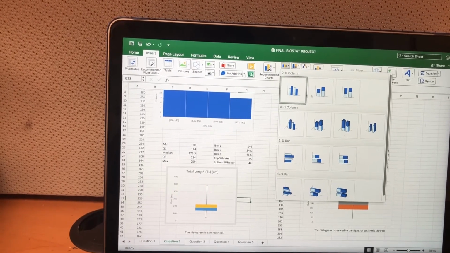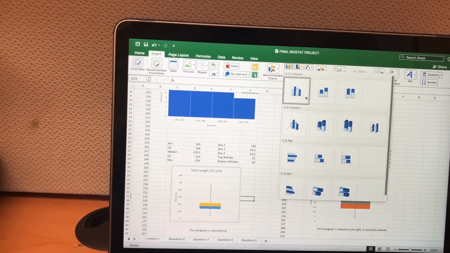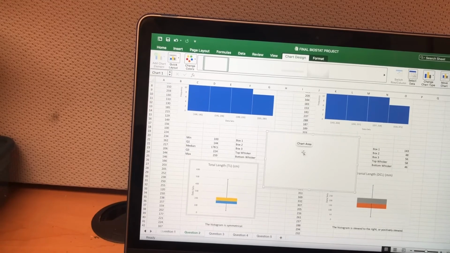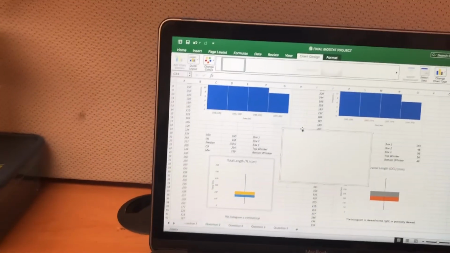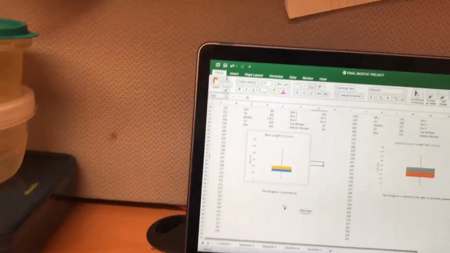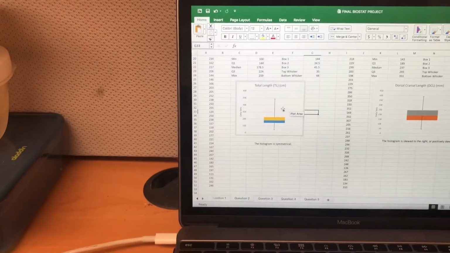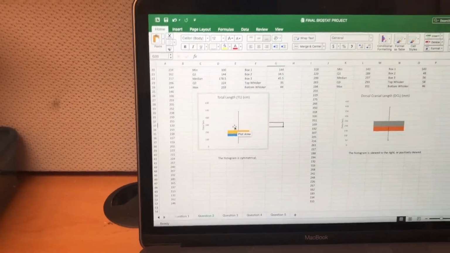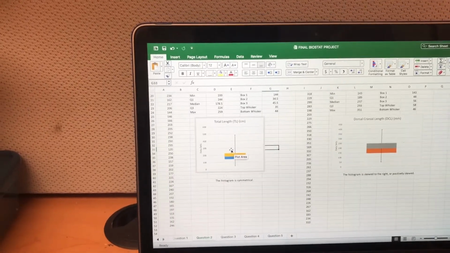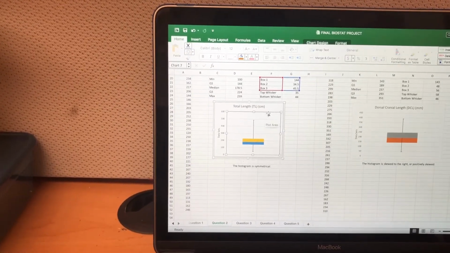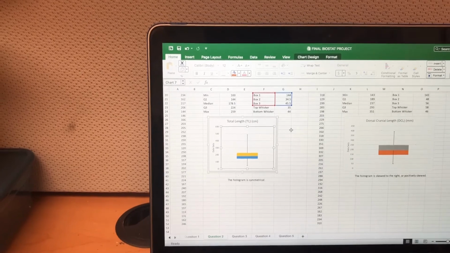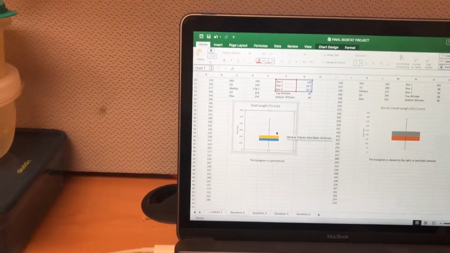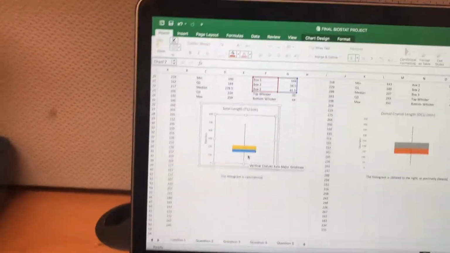So you pick one of the stacked column charts, and it's going to give you something like this, but you're going to have to change the layout of it so it actually is capable of becoming a box and whisker plot. You're going to go to the stacked column options once you've selected it. You're going to go to switch row column, and it's going to turn it into this minus the whiskers.